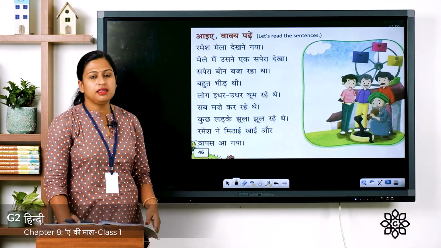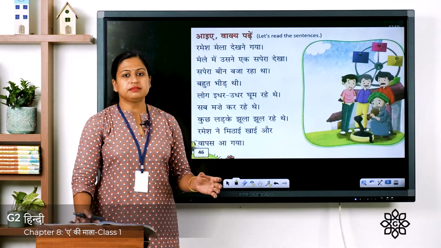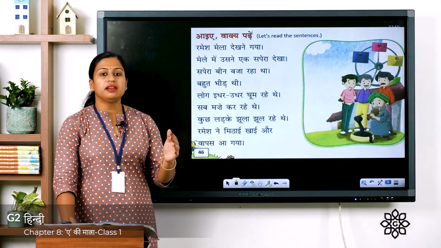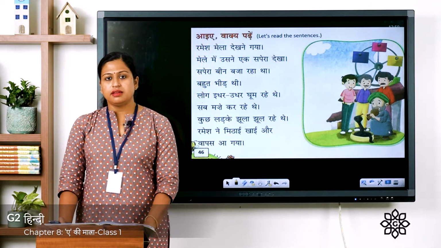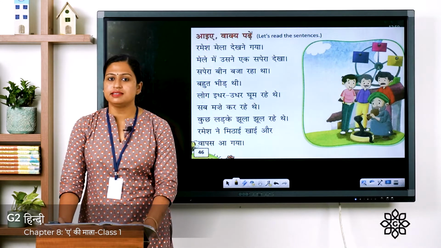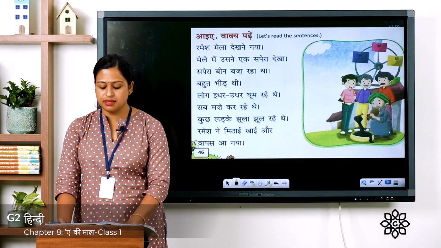Next, you can see here a picture. Now this is about Ramesh and his trip to a fair. Now I am going to read out these sentences and you have to listen to it very carefully, its pronunciations.